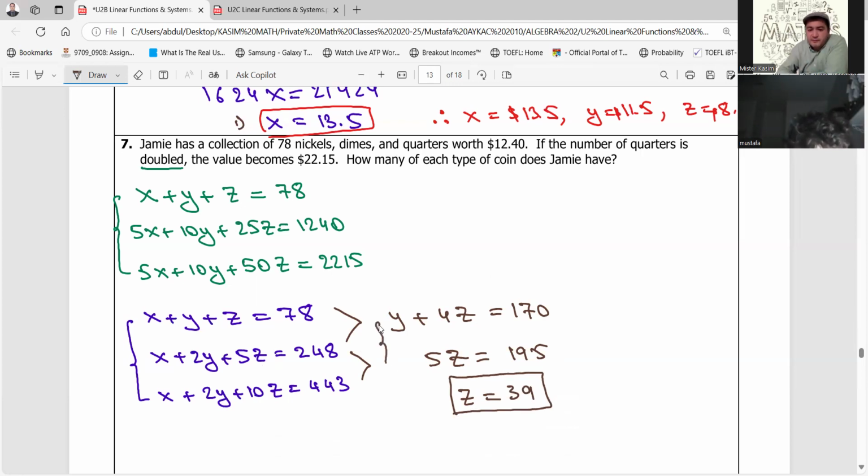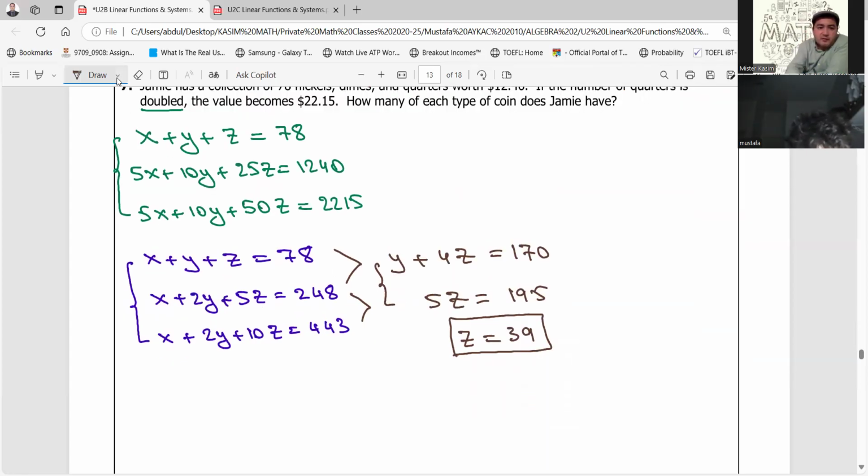Mustafa, can you see that? Okay. And now after that, we can find the value of y. What is the value of y? y is equal to 170 minus 4 times z, which is 39, right?